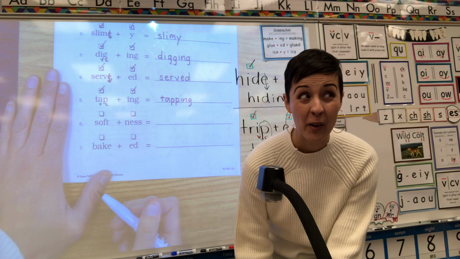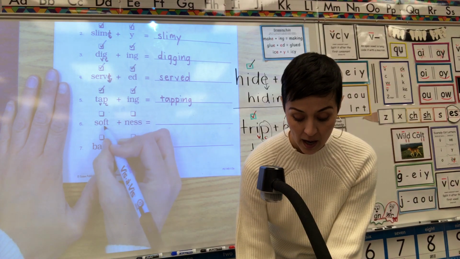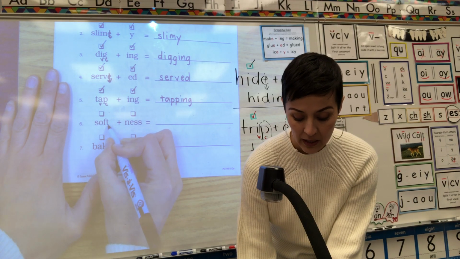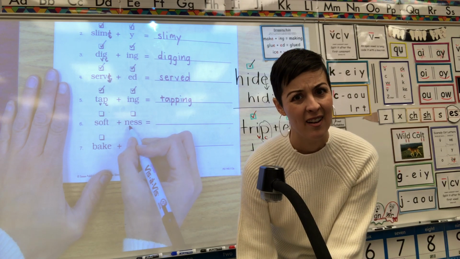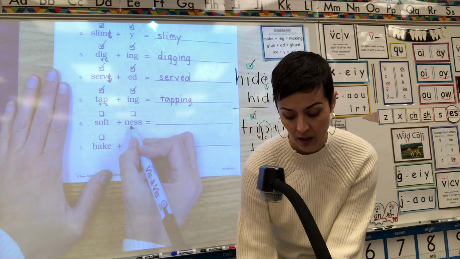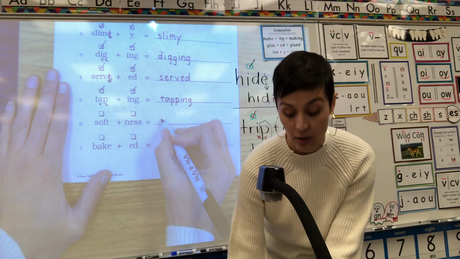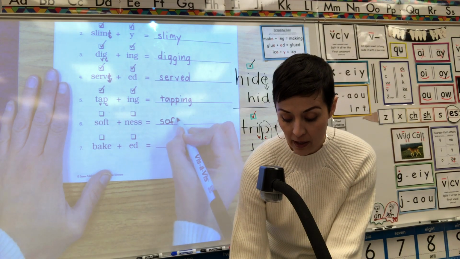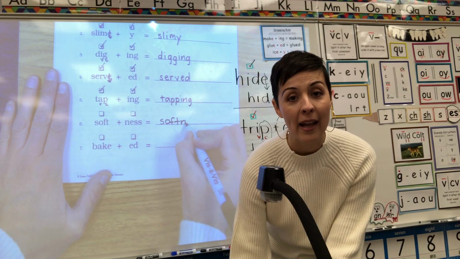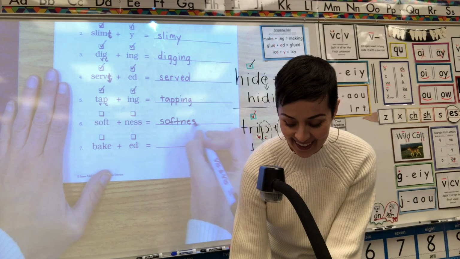Okay, will you tell me how did you spell softness? I noticed there's no E, there's no vowel consonant, so I don't give it a check. That's a consonant suffix, I don't give it a check. I don't think I'm changing anything. Tell me the letters, ready? S-O-F-T-N-E-S-S.